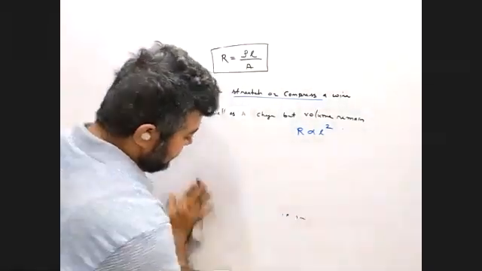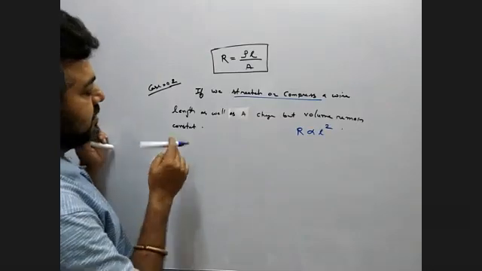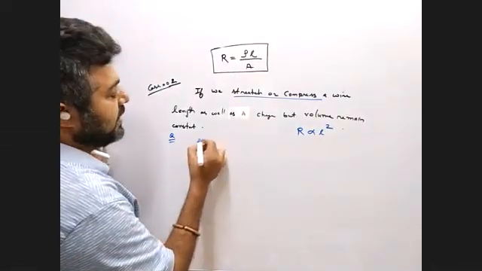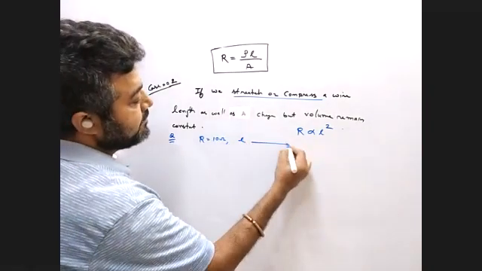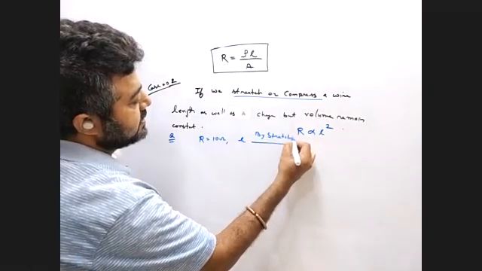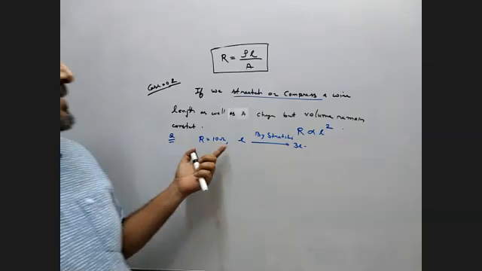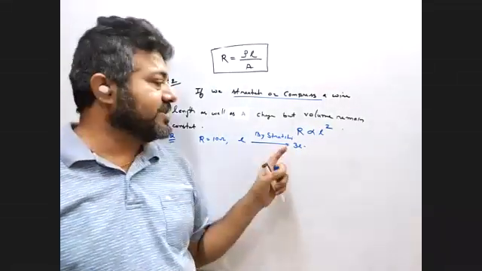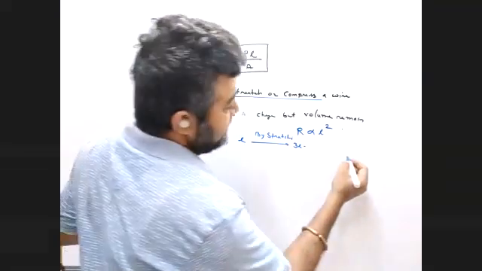So let's try a numerical. The question is: a wire of resistance 10 ohm and length L, by stretching, the length becomes 3L, and then it is made into a circle.